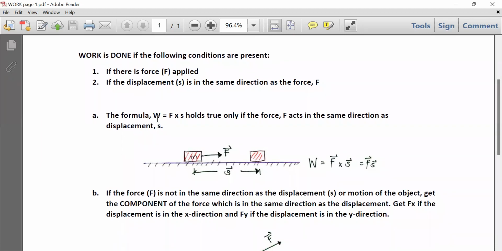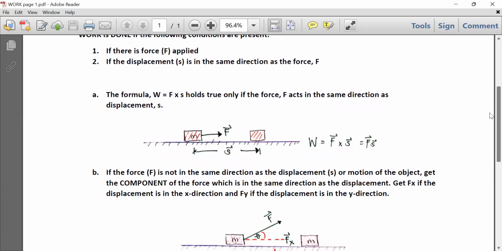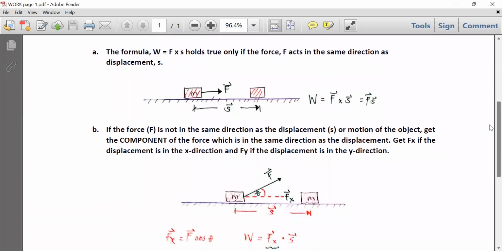So the formula W is equal to Fs holds true only if the force acts in the same direction as the displacement. So to solve for the work done on the object, work is equal to force times displacement, or Fs. How about if the force is not in the same direction as the displacement?